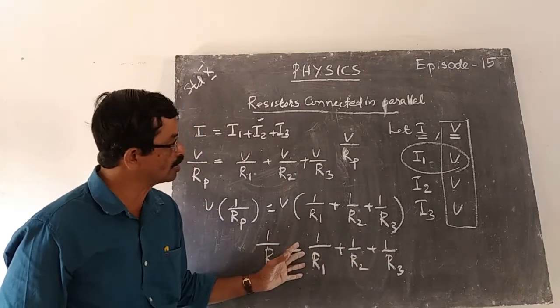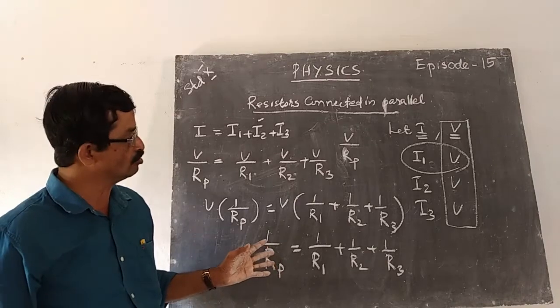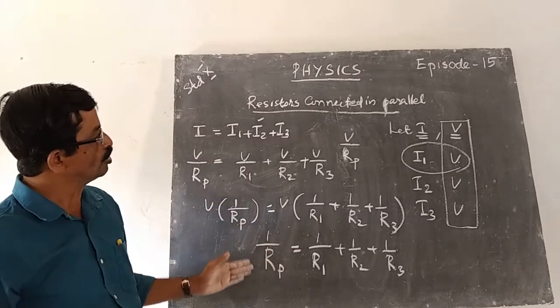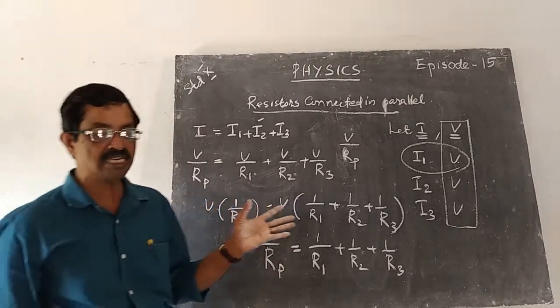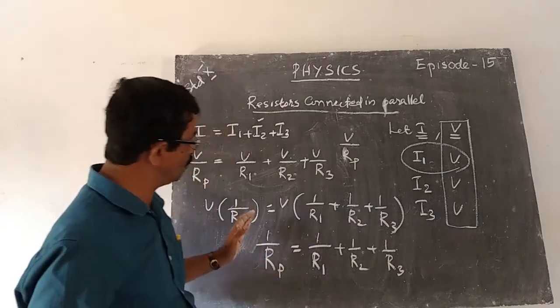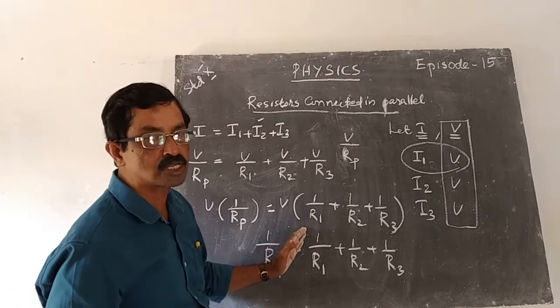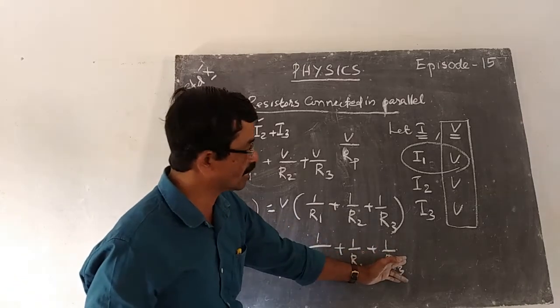That means the sum of the reciprocals of the individual resistances. So the reciprocal of the total resistance of a combination is equal to the sum of the reciprocals of the individual resistors.